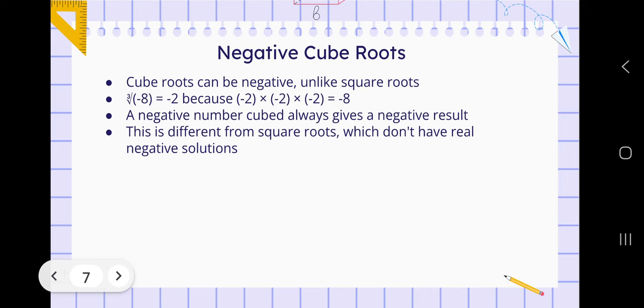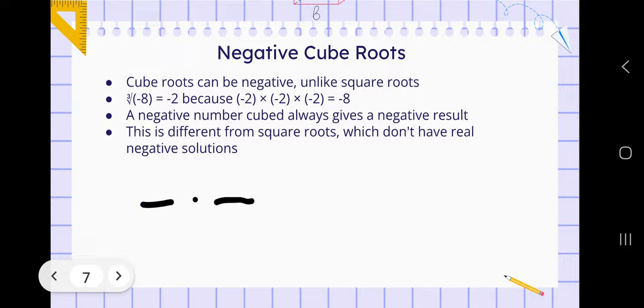Remember what I taught you if you were in the intro to algebra? Positive times positive is positive.